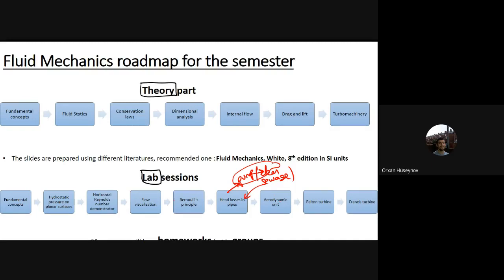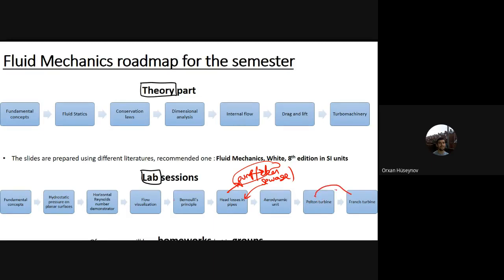And then the aerodynamic unit. In this unit, you will see the aerodynamic effects of airflow, like the drag resistance, air resistance. Here you will also see the application of energy conservation and mass conservation on air. This will be the next lab session. And another lab session will be on the turbines.